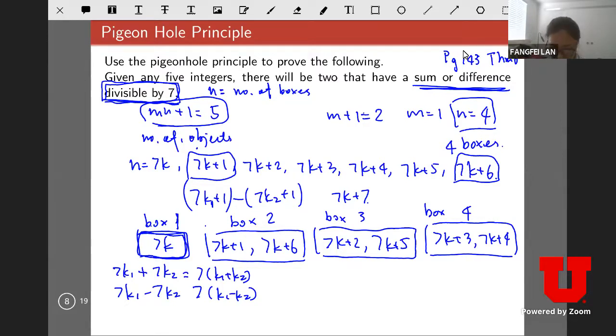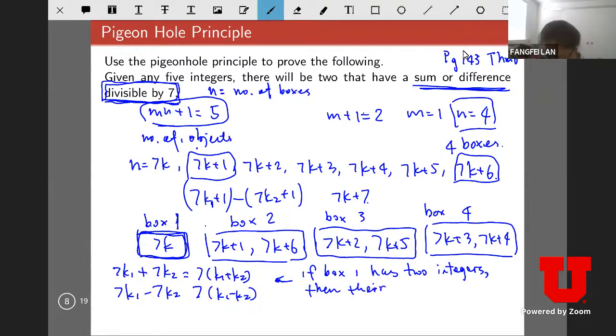So I just basically did the first case for us. Let's say that the first case is that the 2 integers are in box 1. So if box 1 has 2 integers, then their sum would be this, so let's say that's equation 1, which is divisible by 7.